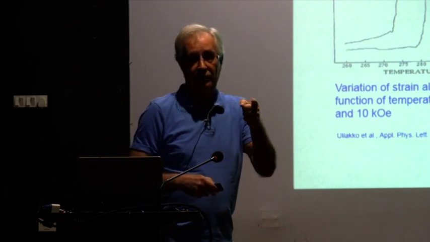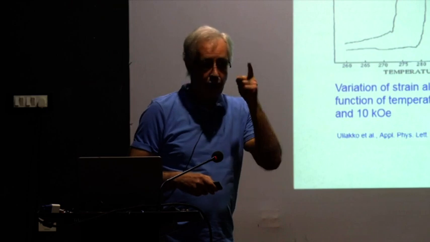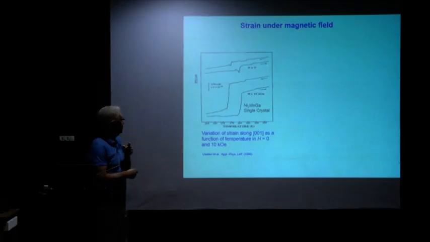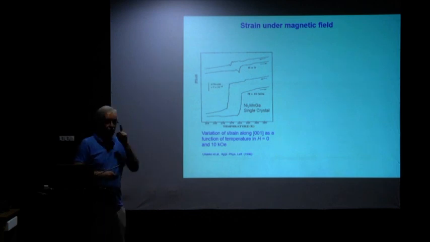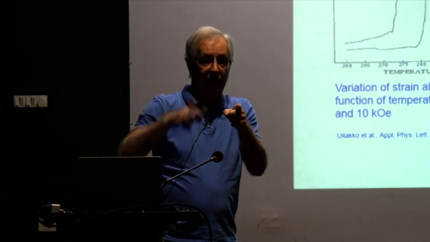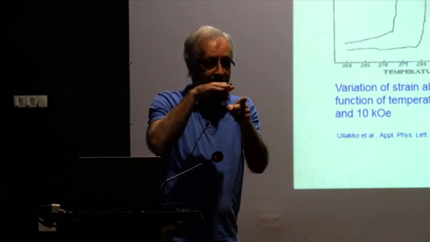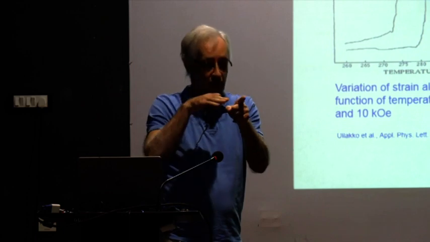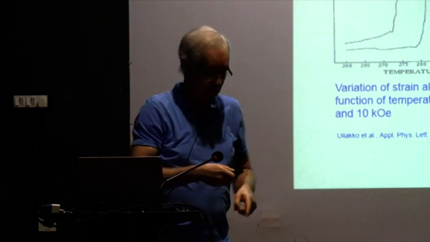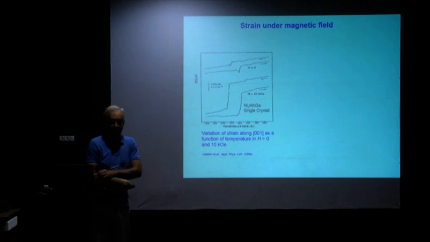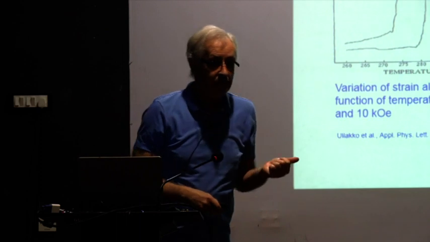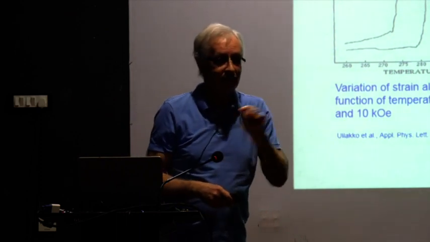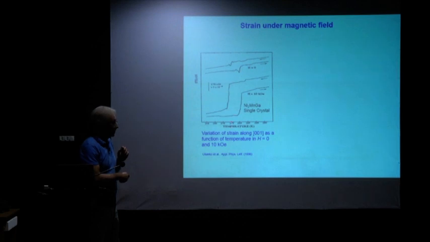An easy axis along the field direction means that the short axis is along the field direction. Here the short and long axes all average out. Here we have selected the short axis to be along the field direction, and the strain gauge is mounted so that it measures the length change along the field direction. So along the field direction, we have a decrease in the length. Okay? Is this clear?